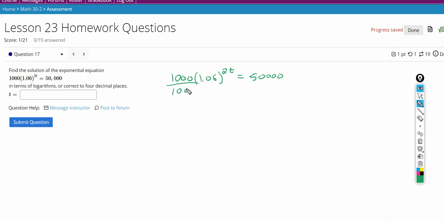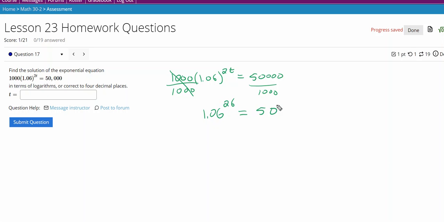Because if I divide both sides by 1,000, we get 50. So now what we have left is 1.06 to the power of 2t is equal to 50.